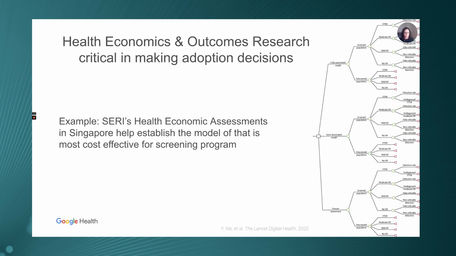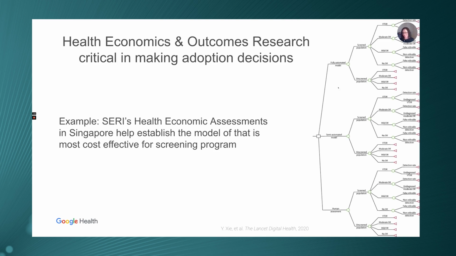So this is work done in Singapore by the SERI group, and this is very important work. And it's very exciting to see this work coming out, looking at the health economics of using machine learning powered products in healthcare.